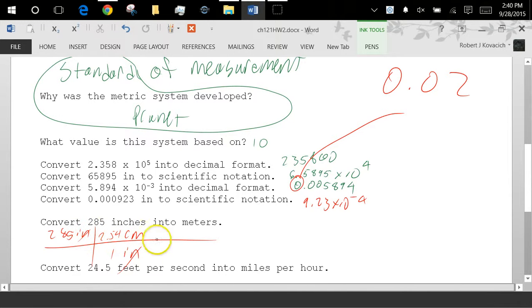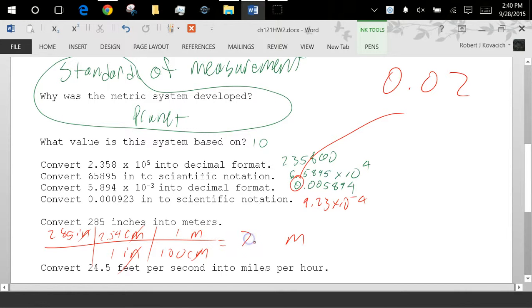The inches cancel, and then how many centimeters for a meter? 100. The centimeters cancel, and the only thing I'm left with is meters. What is it, 7.24? 7.239. That's what I got.